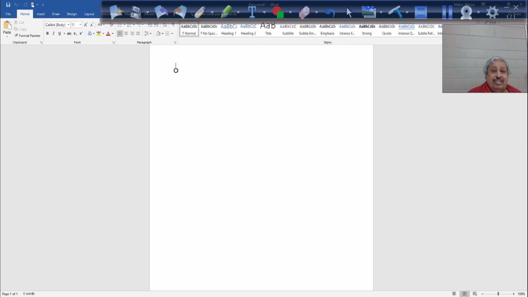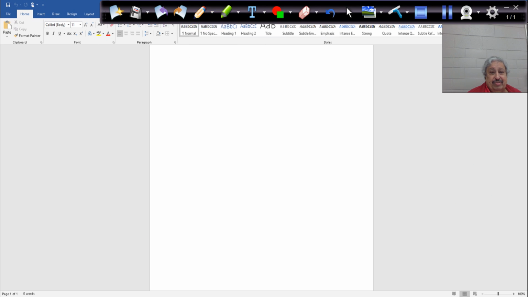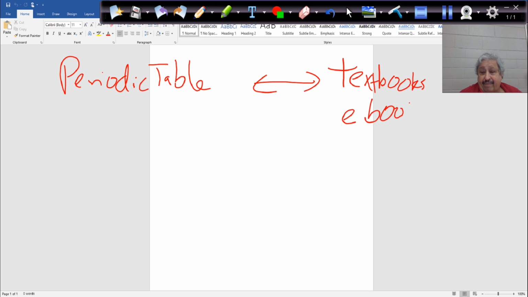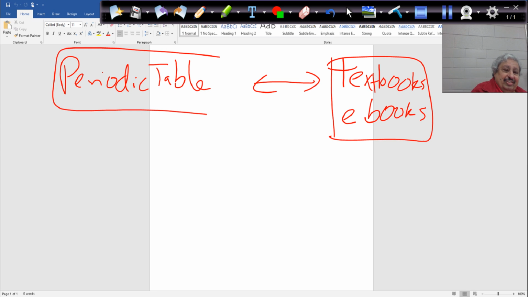By the way, there are two ways of writing these symbols, in the periodic table and in the textbooks or eBooks. It is different, and this is very confusing.